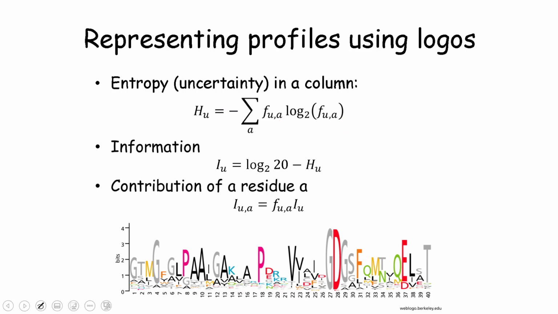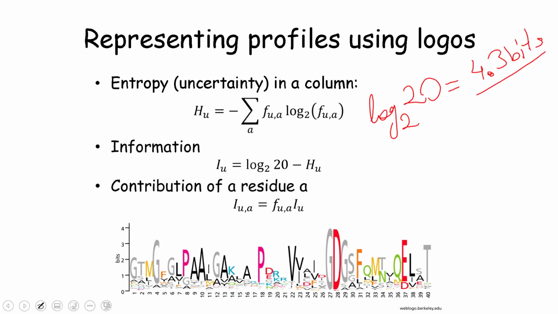The maximum entropy would happen when we have equal numbers of each of the 20 amino acids, which represents the least amount of conservation. The entropy value of such a column would be log 2 of 20, which is roughly equal to 4.3 bits. And this is of course for a protein alignment.